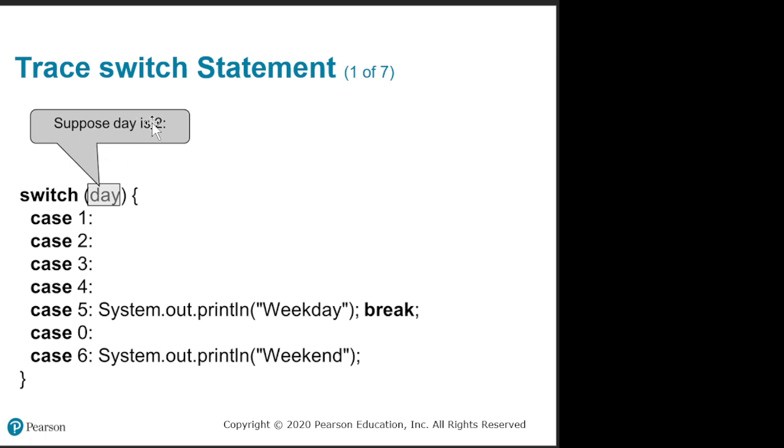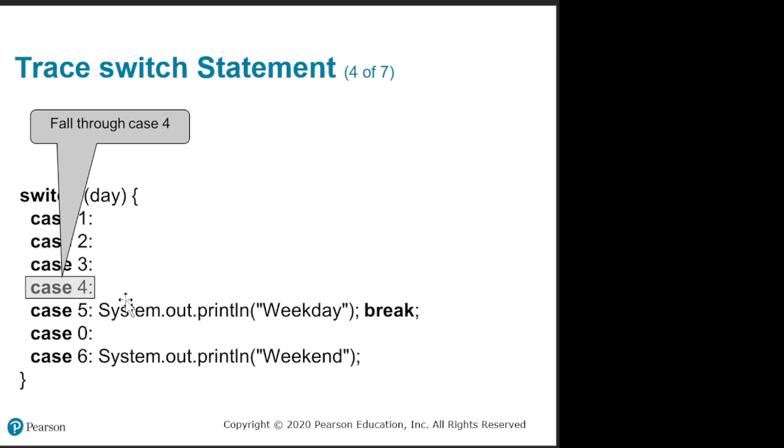Here we're going to ask, is the day 2? And so if the day is 2, it's going to do whatever case 2 says. So it matches case 2. It falls through to case 3 because there's nothing in case 2.